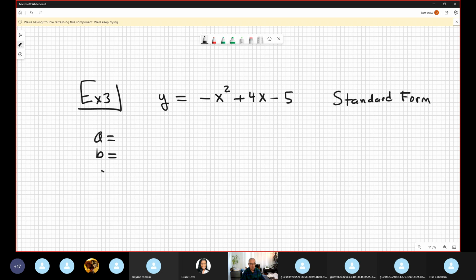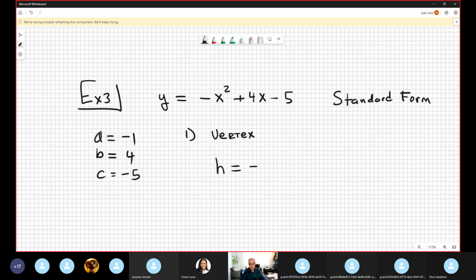Who helps me to determine ABC? Who is A, who is B, who is C? A is -1, B is 4, and C is -5. Okay, cool. Now, remember step number 1 is focusing on the vertex part. And for the vertex, when this is in standard form, I need to use that formula.